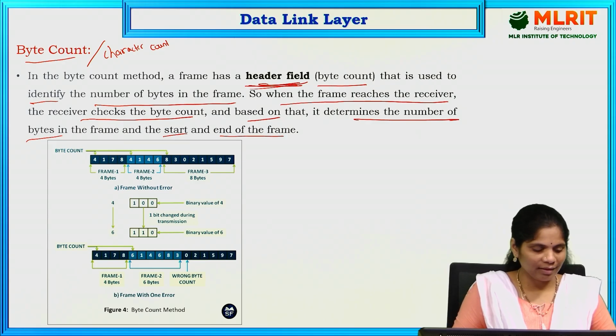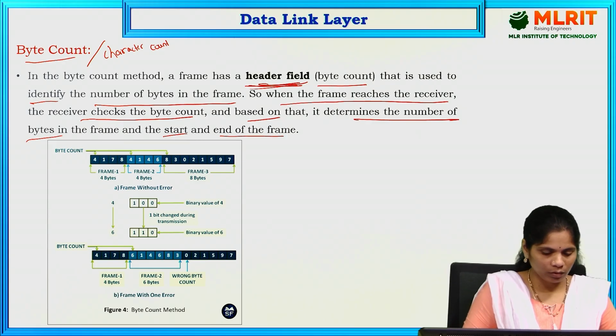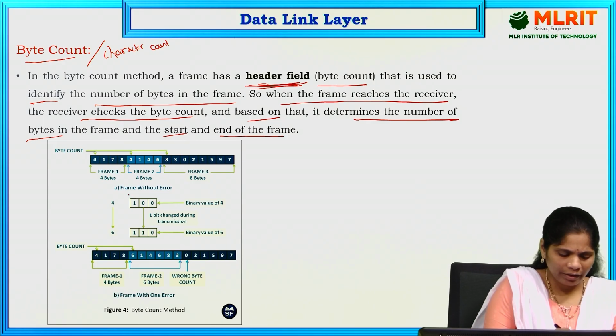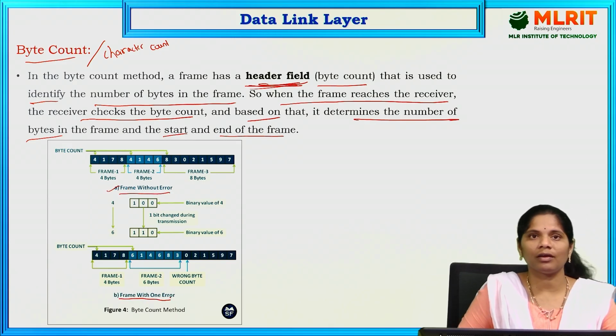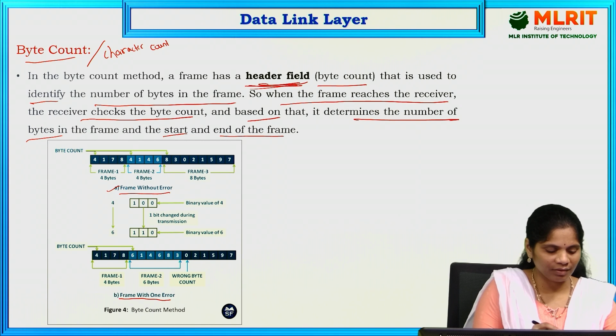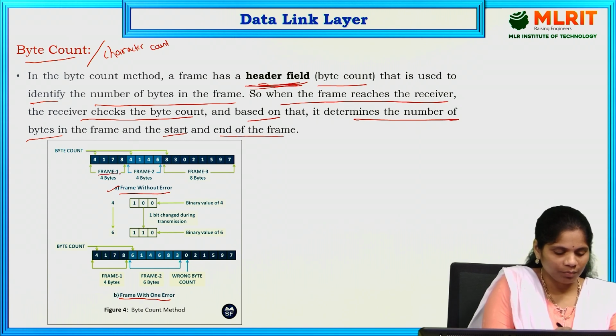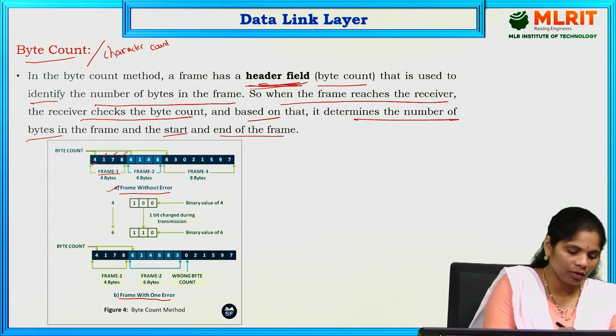See this example. Here A is the frame without error and B is the frame with error. In the first frame, it is counted as 1, 2, 3, and including the header it is 4.